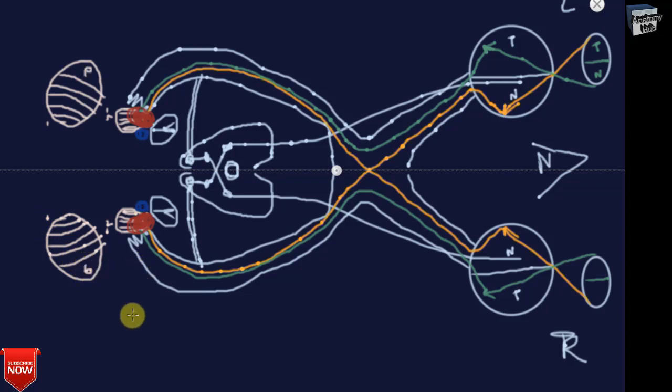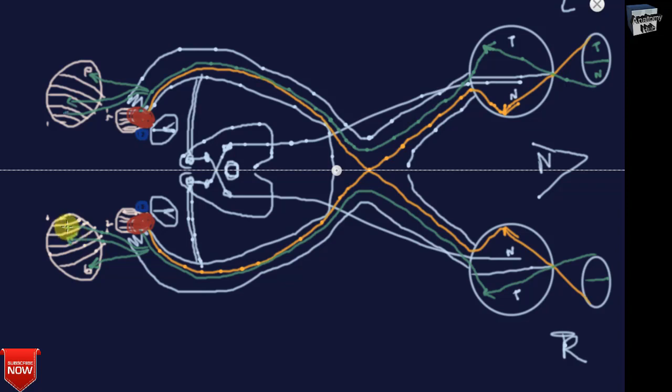Then the ipsilateral pathway, that means the temporal pathway, in green, will relay to the 2, the 3, and the 6 area of your geniculate body.